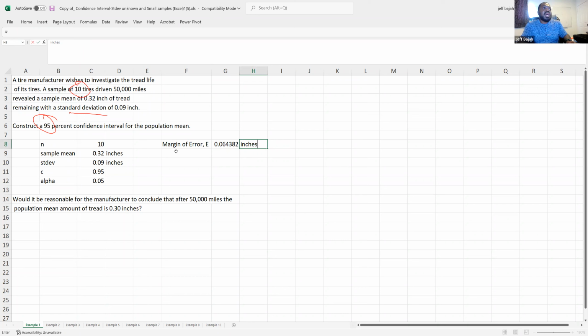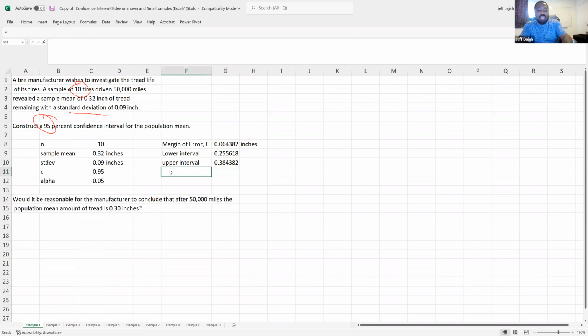All right. So now we can find our lower interval as well as our upper interval. The process works the same as what we did. Remember, it was our sample mean plus or minus our margin of error. So this would be your sample mean minus your margin of error and your sample mean plus your margin of error.